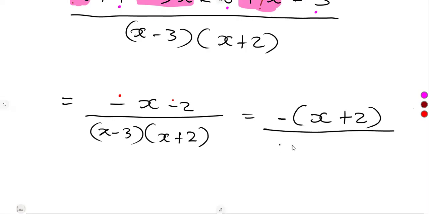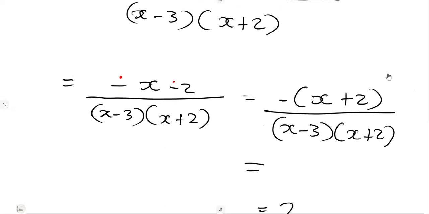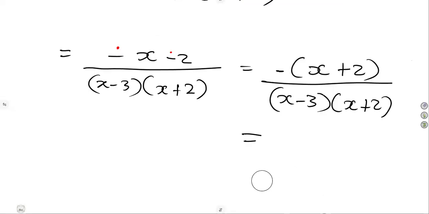By factoring this out, that is where we can tell that the two brackets are the same. This bracket of x plus 2, this bracket of x plus 2, they're the same. So these can cancel now. So what are we going to remain with if we cancel? That's a 1.